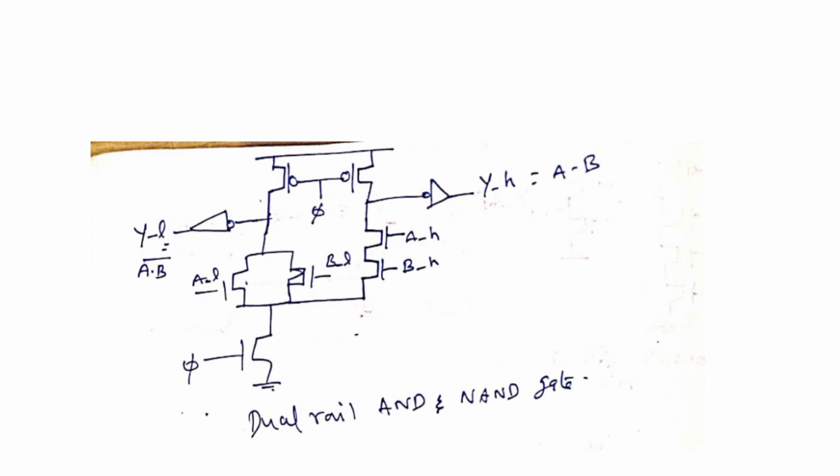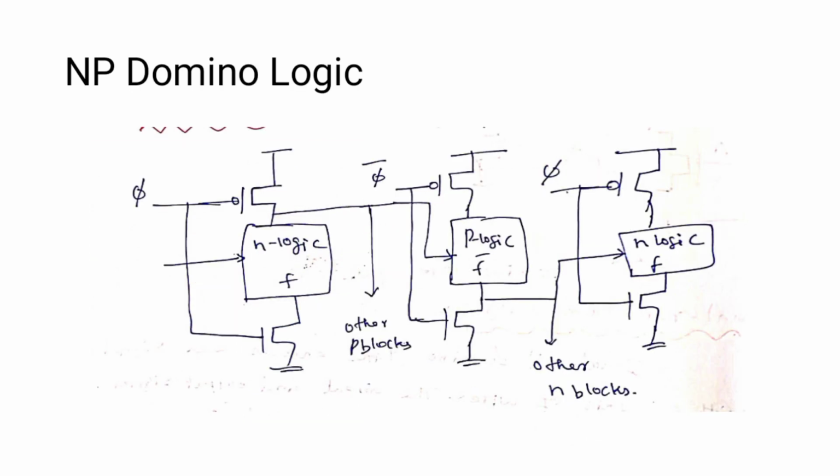Then you get both the true value and complementary value, A and B and A and B whole bar, whereas in OR and NOR we get A plus B and A plus B whole bar. Likewise, we can go for XOR and XNOR gates also. So that is the dual rail domino logic.